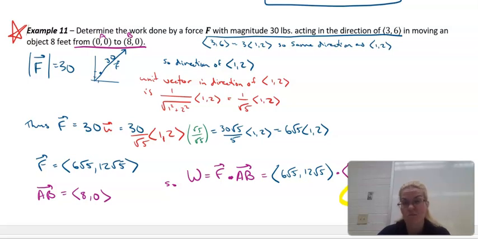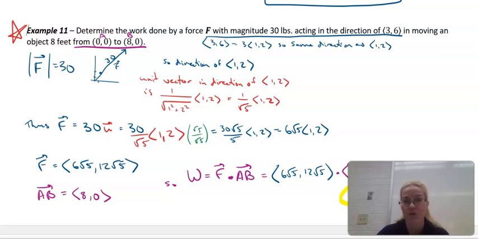I also recognize that's the same direction as the vector 1, 2. So how do we find the component form of F? If we know its magnitude and we know it's in the same direction as a vector, we want to find a unit vector in that direction. So a unit vector in the direction of 1, 2 is 1 over the magnitude of that vector times that vector.